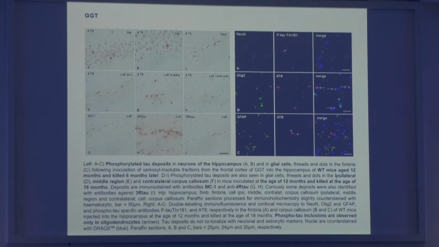And when we analyze by double labeling immunofluorescence and confocal microscopy, we see that neurons and many oligodendroglial cells are the main targets of this inocula. And what is important in this case is that, in the same way, we cannot reproduce thorn-shaped astrocytes as in ARTAG, which are characteristic of ARTAG. Here we cannot reproduce the globular glial inclusions, astrocytic or oligodendrocytic, following the injection of GGT.